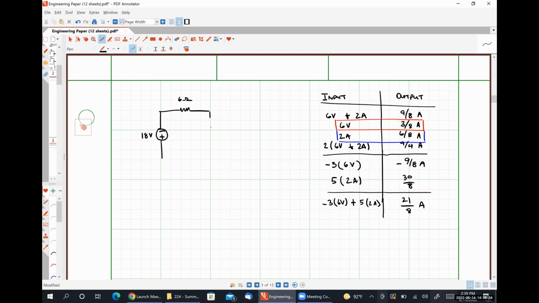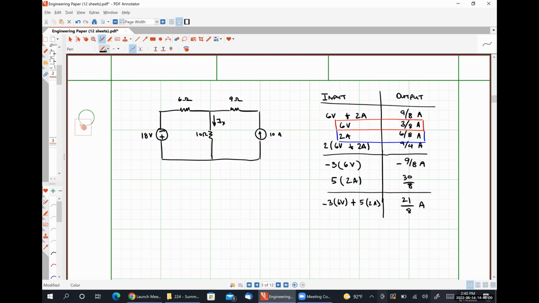Here's my 6-ohm resistor. Here's my 10-ohm resistor that I'm trying to find IX through. Here's my 9-ohm resistor. Here is my current source. Since I'm scaling my 2 amps by a factor of 5, this is going to look like a 10-amp current source.